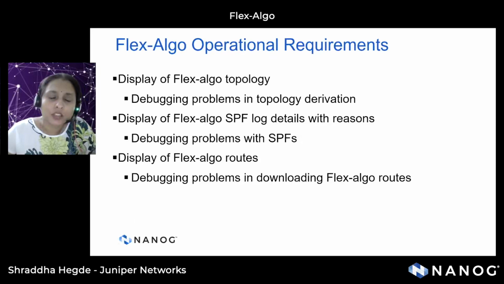So another useful thing is, because per FlexAlgo SPFs are done in IGP, it is also useful to have displays which display SPF log details, like for example how many SPFs were triggered and why they were triggered, and what is the reason for those, so that you can see, for certain flex algo, if certain computation is not proper, whether a flex algo was triggered, or even for use cases where too many SPFs are getting triggered in a certain flex algo and you want to see what are the reasons for those SPFs getting triggered in that particular flex algo.